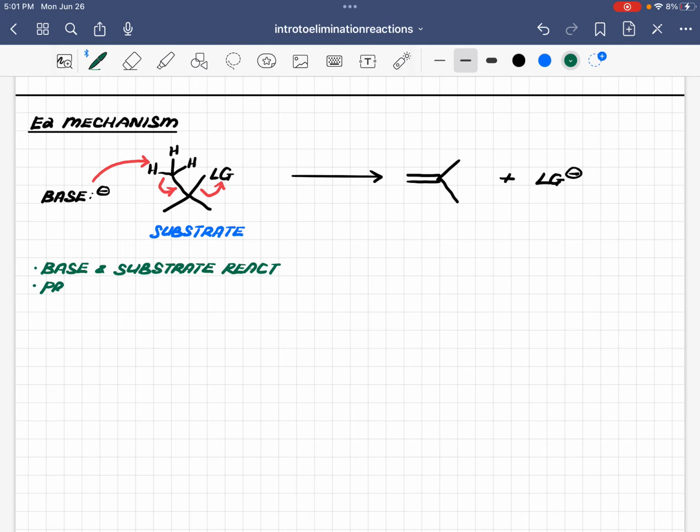A proton is transferred to the base. So proton transfer occurs, causing the formation of a double bond, which causes the leaving group to leave.